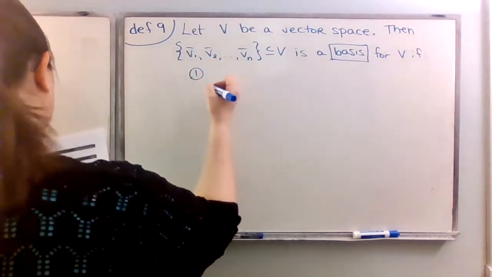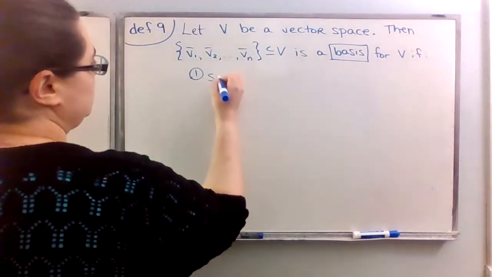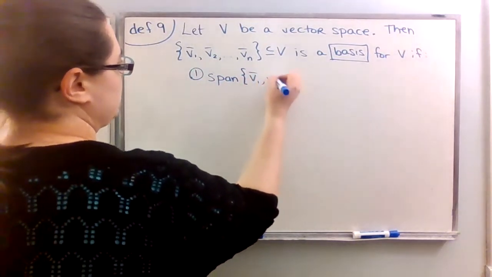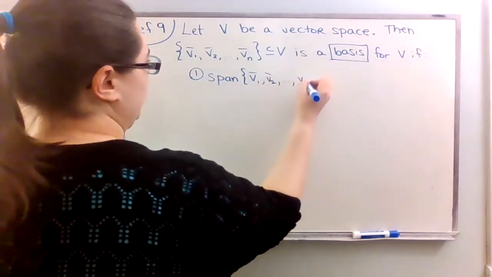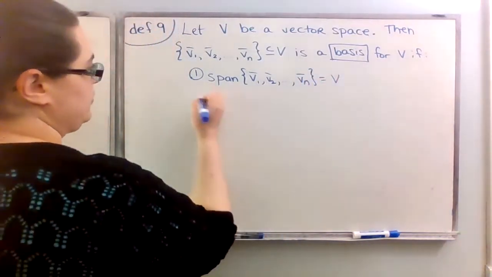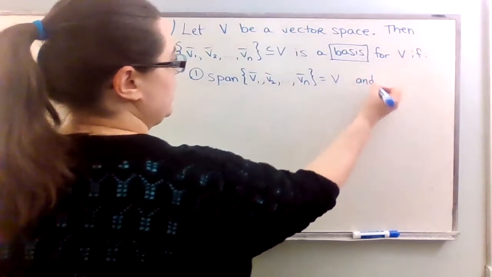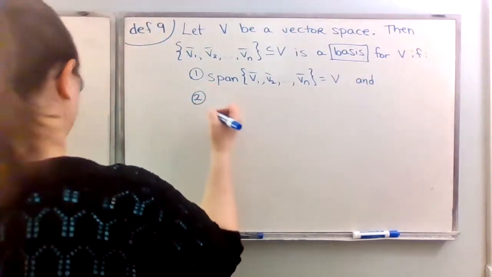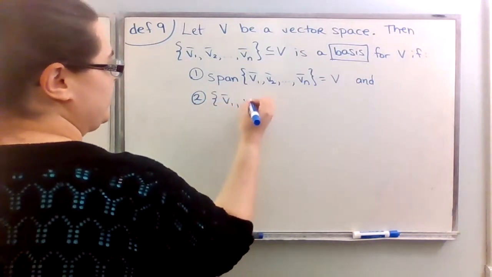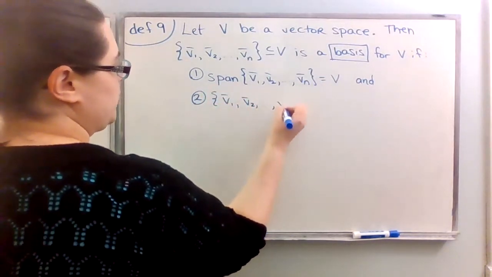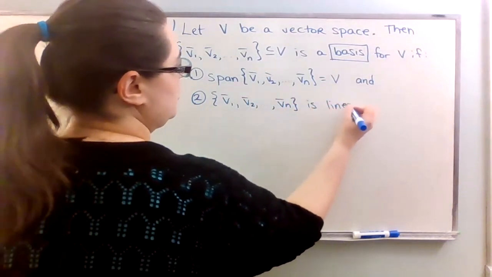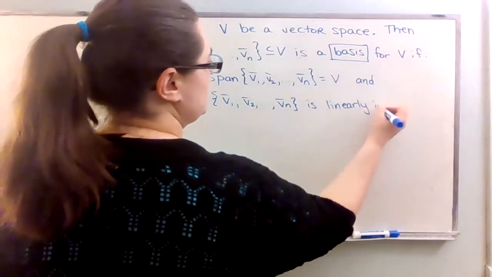One, the span of V1, V2, up to Vn is equal to V. And two, the set of V1, V2, up to Vn is linearly independent.